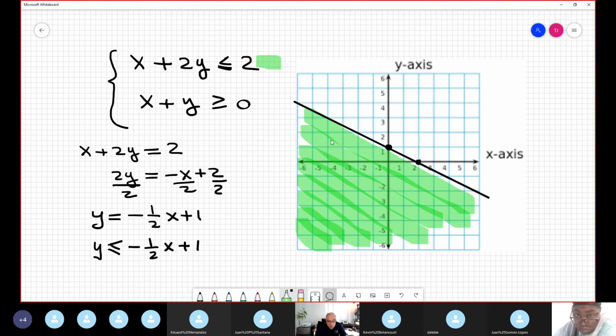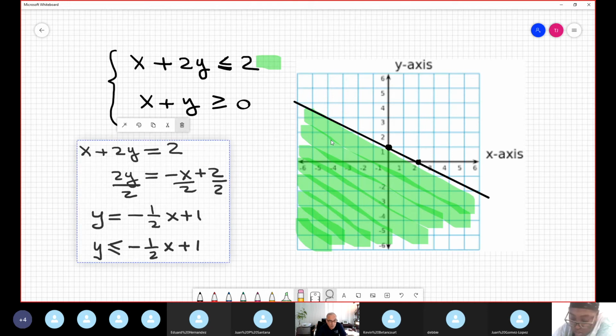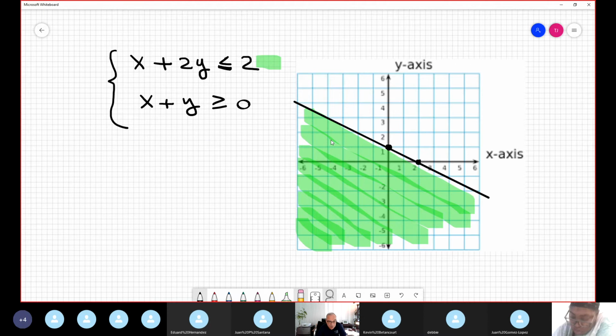Now I want to continue. The second, in my opinion, is easier. x plus y equals 0, y is equal to minus x. No b means that this line passes through the origin 0,0 and the slope is -1.